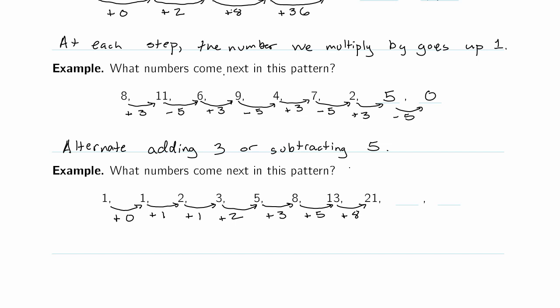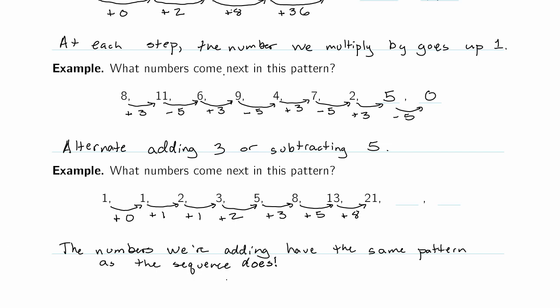What we see is the numbers that we're adding follow the same pattern as the sequence does. So after 8 comes 13. Next we'll add 13. So our next number is 34.